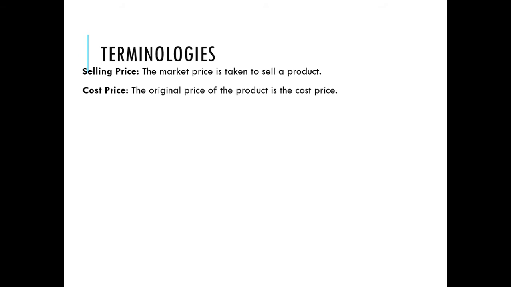Now, which are these costs? We have the cost of raw material, we have the cost of labor, and then we have the cost of overhead. Now, these are the costs which, when you bring it together, gives you the cost price of a particular product.